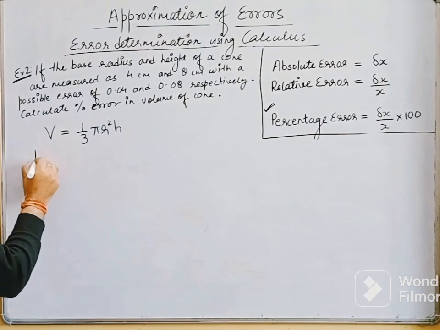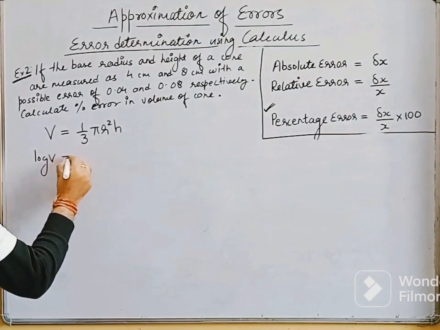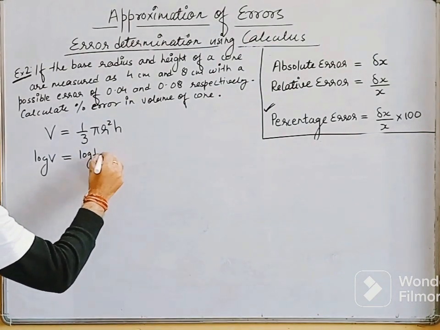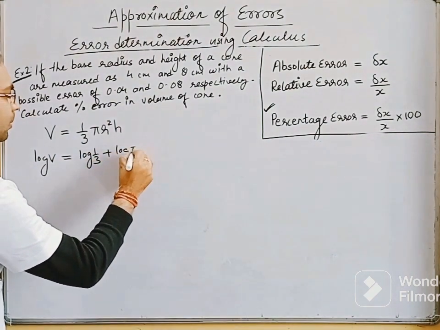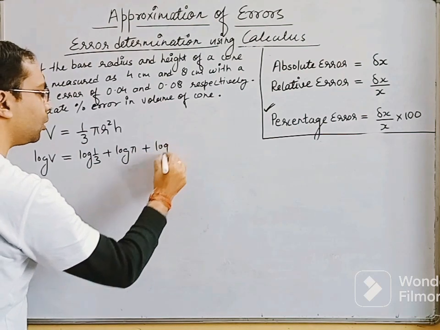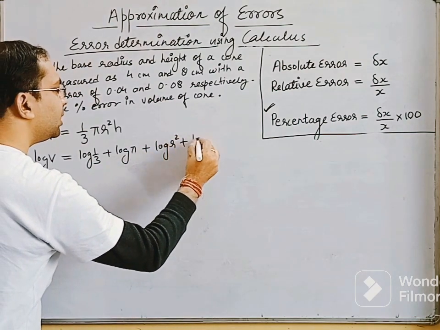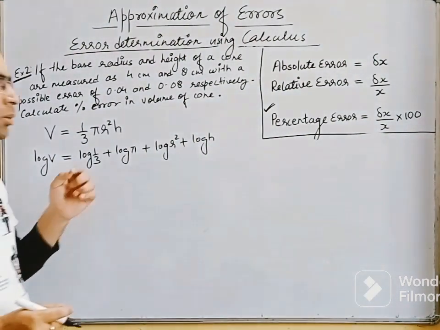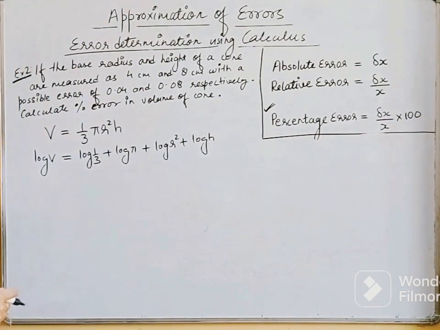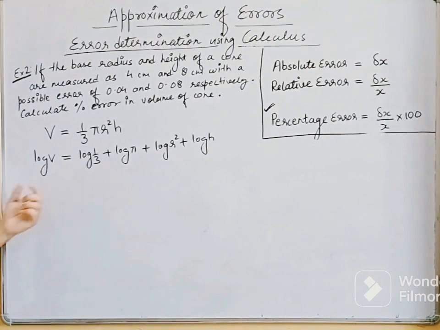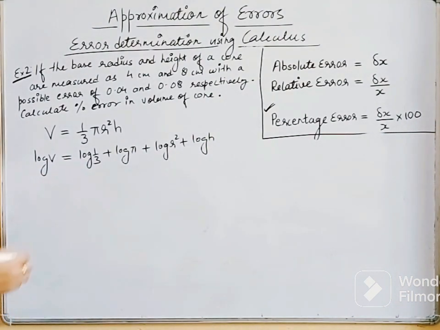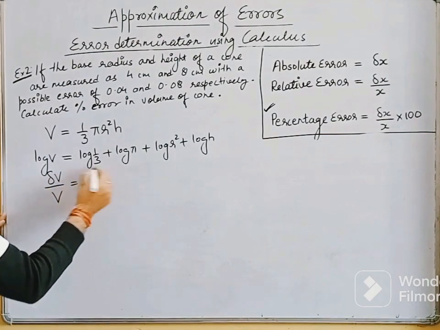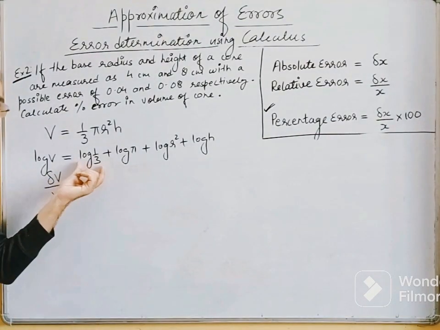So this becomes log of V equals log of 1 by 3 plus log of pi plus log of r square plus log of h. We are using the formula log of mn is equal to log of m plus log of n. Now we will differentiate on both the sides. On differentiating, this will become del V upon V. This is a constant, so its differentiation will be 0.